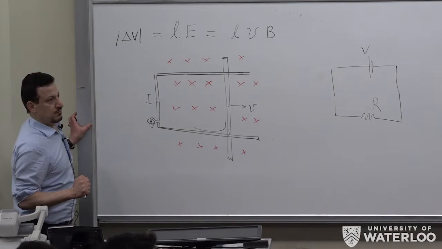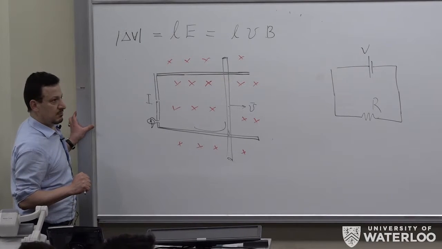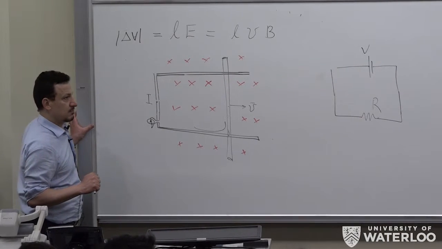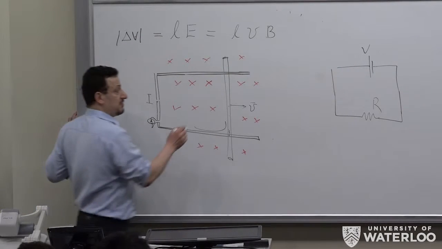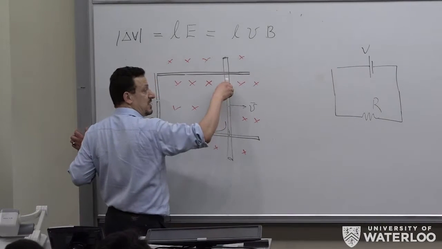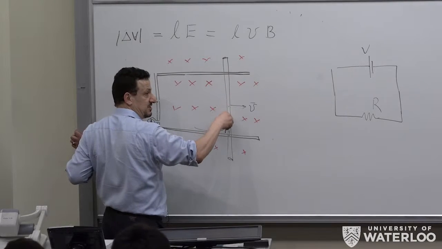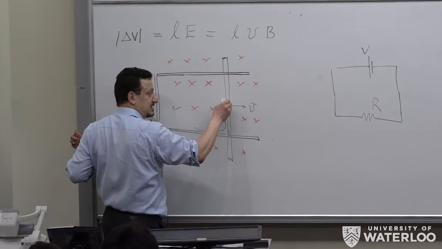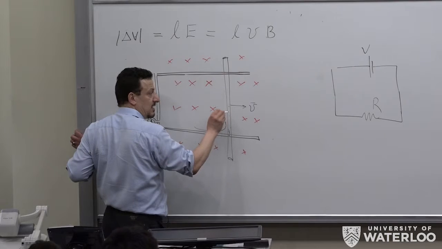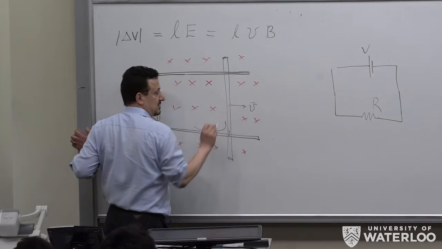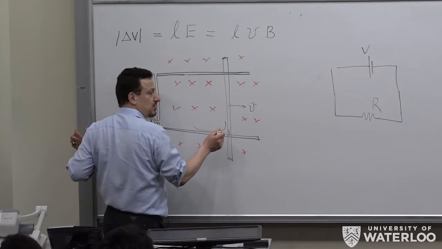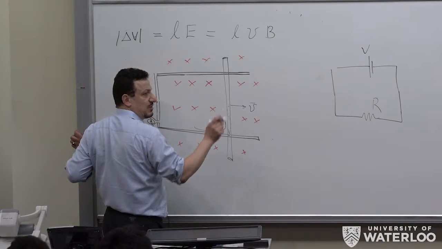The direction of the magnetic force acting on these electrons is constantly changing, right? Because the direction of its velocity is also changing. Well, the velocity is moving in this direction, and this one in this direction. Good point. Let's see what that takes us to.